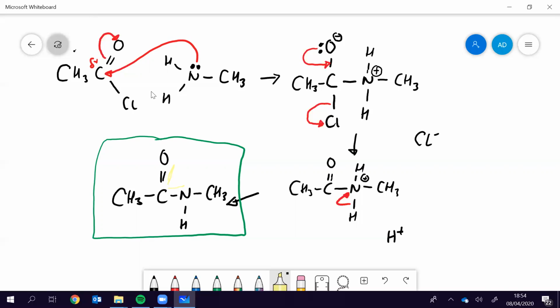In this, you've got a nitrogen. Now this class of molecules, I like to think of them as being like nitrogen esters, but they're not called that. They're actually called N-substituted amides, which is a bit confusing.